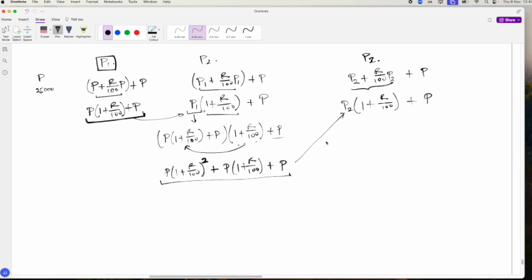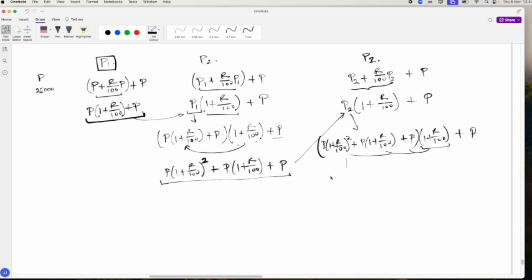Now we could substitute for P2. P2 is P into 1 plus R over 100 squared plus P into 1 plus R over 100 plus P, and it's all going to be multiplied by 1 plus R over 100, plus P. Of course, this 1 plus R over 100 will multiply throughout.